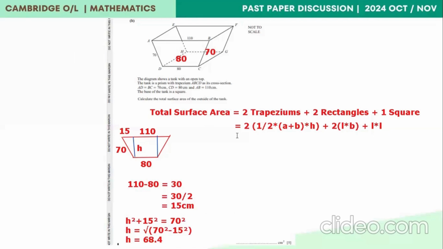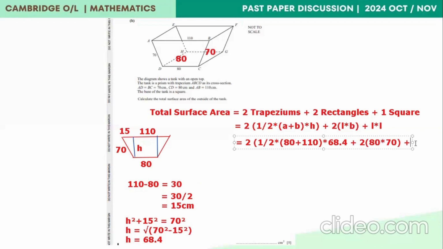So now we can easily use our trapezium formula, 2 times half into A plus B into H. Our A value was 80, our B value was 110, and our H value is 68.4. Also, if we consider a rectangle, our length of the rectangle is going to be 80 and the breadth is going to be 70.